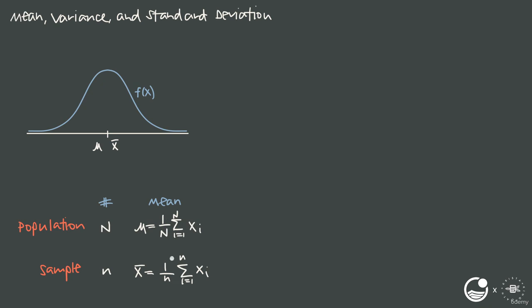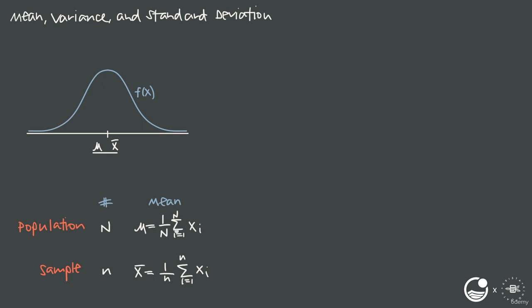And of course, that makes sense based on the fact that we're using capital N and lowercase n to represent the size of our population and sample, respectively. And then the only other difference is the notation that we use to indicate the mean, which we talked about earlier up here as the center of the normal distribution. The population mean we indicate with this Greek letter mu, and the sample mean we indicate with x bar, this x with a bar over it. But other than that, the formulas are identical.